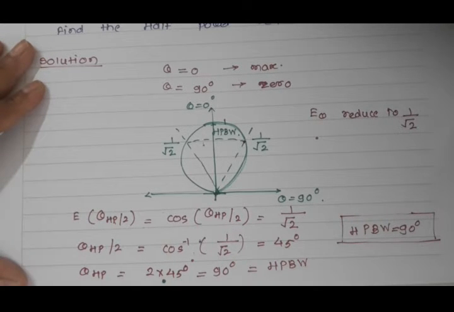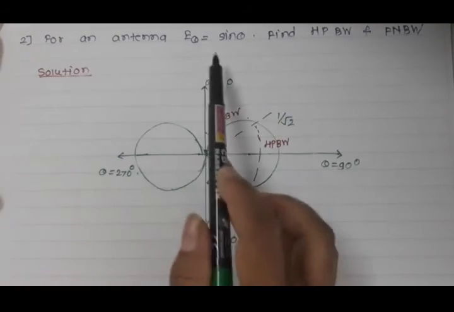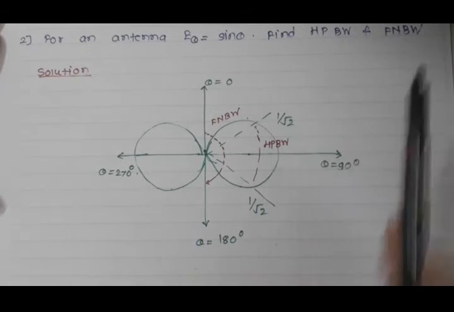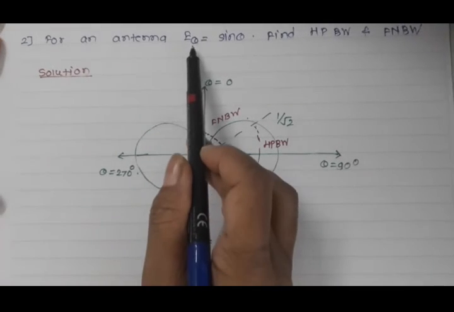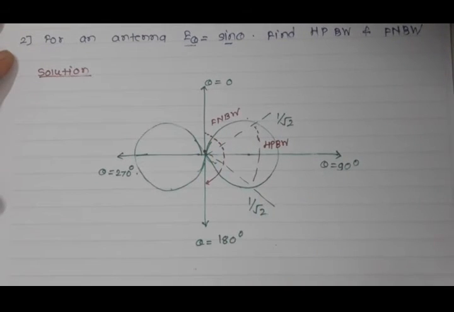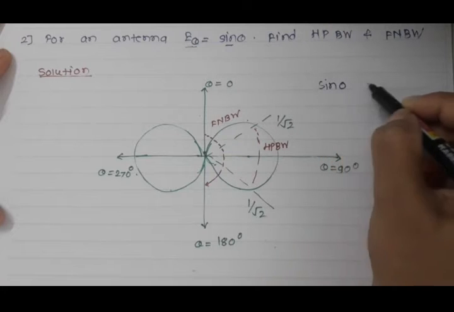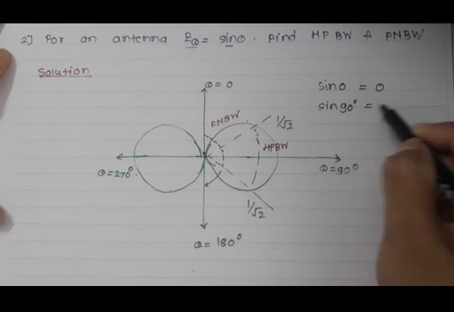Now the next one. For an antenna, E theta is equal to sin theta. Find the half power beam width and the first null beam width. As they have given the electric field as a function of sin theta, we know that sine of 0 is 0 and sine of 90 degrees is 1.